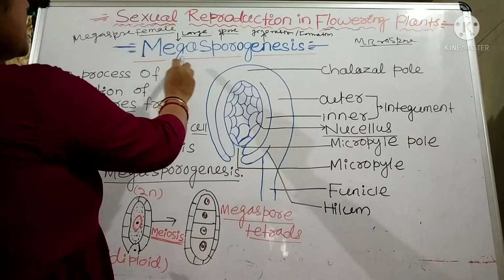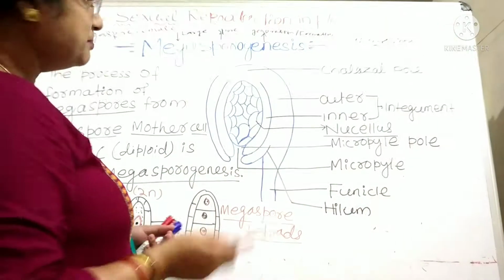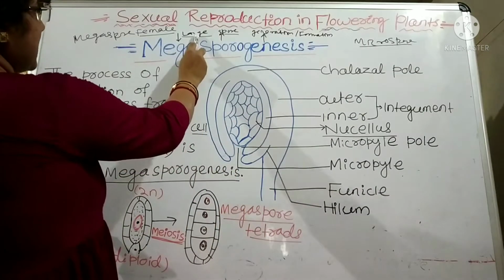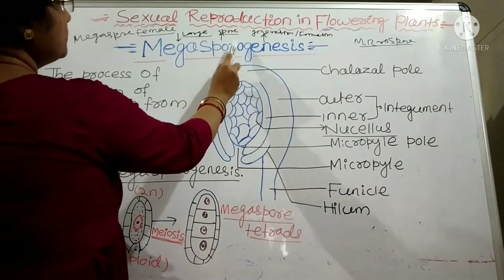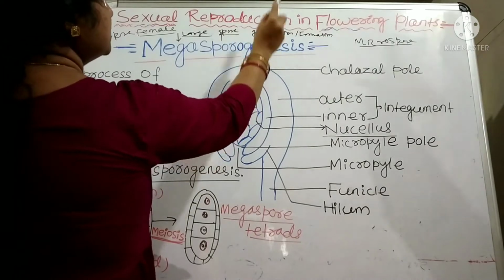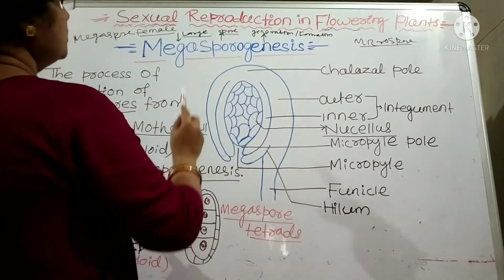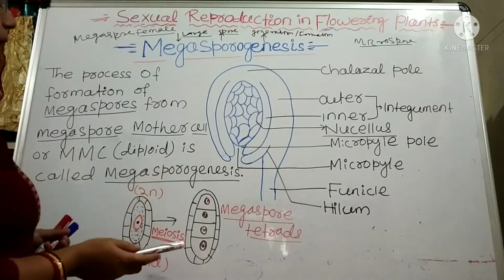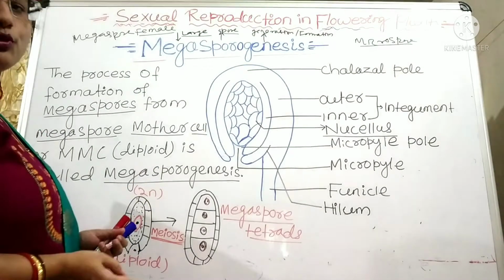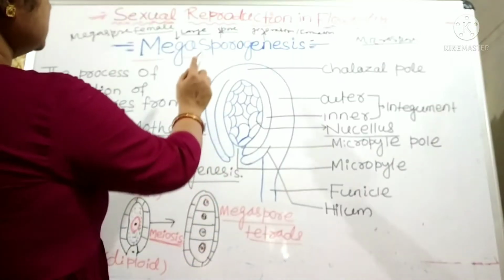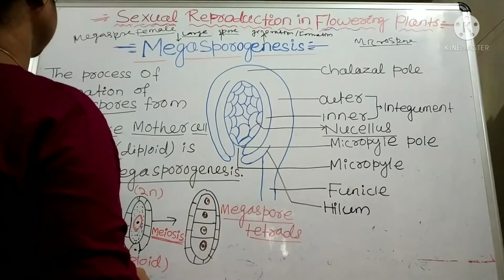So, megasporogenesis means: mega means large or female, sporo means spore, genesis means generation or formation. The formation of megaspores from the megaspore mother cell is known as megasporogenesis.